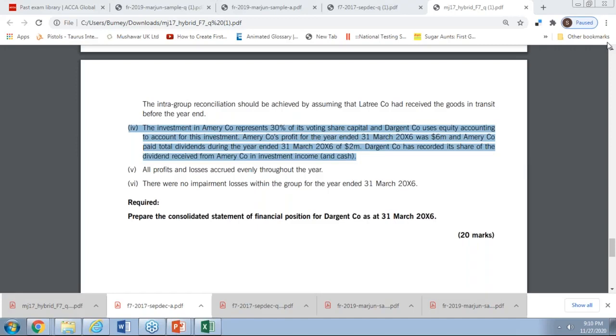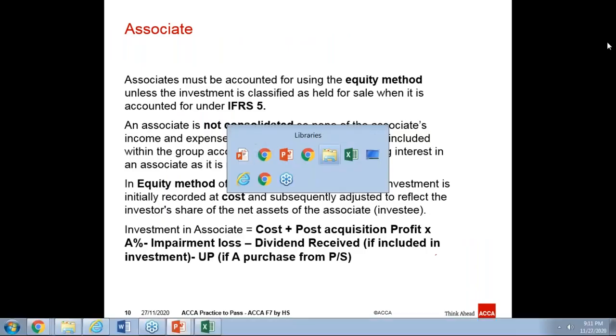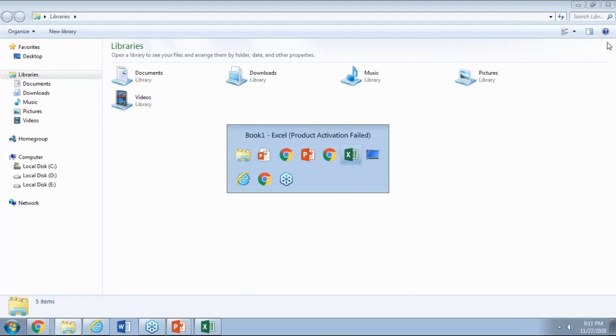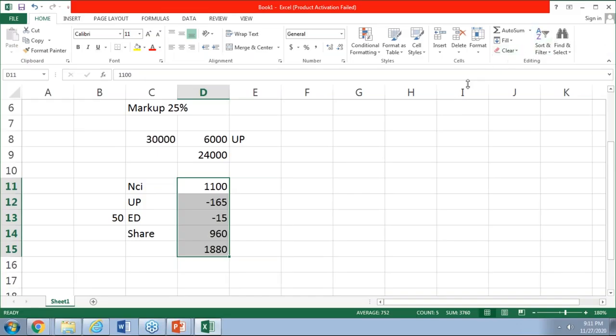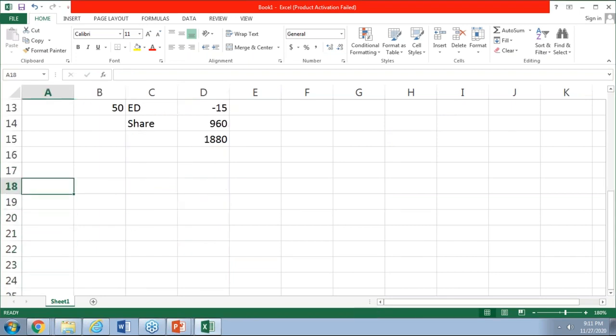So, do you people want me to solve it? Yes, please. So, you can see here that the value of the investment in associate that has been given to us will be 4,500.